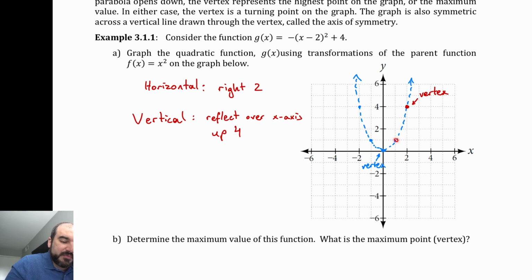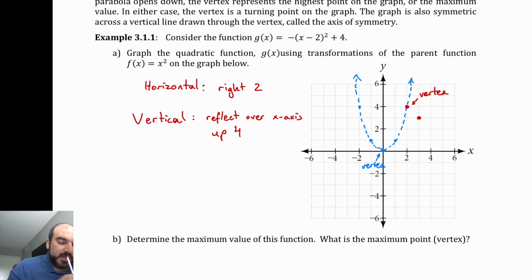If I take this point at 1, 1 and I shift it right 2, it would be over here. And then if I reflect that over the x-axis, it would be here. And then if I shift up 4, it'll be at 3, right? So that point is going to end up here.